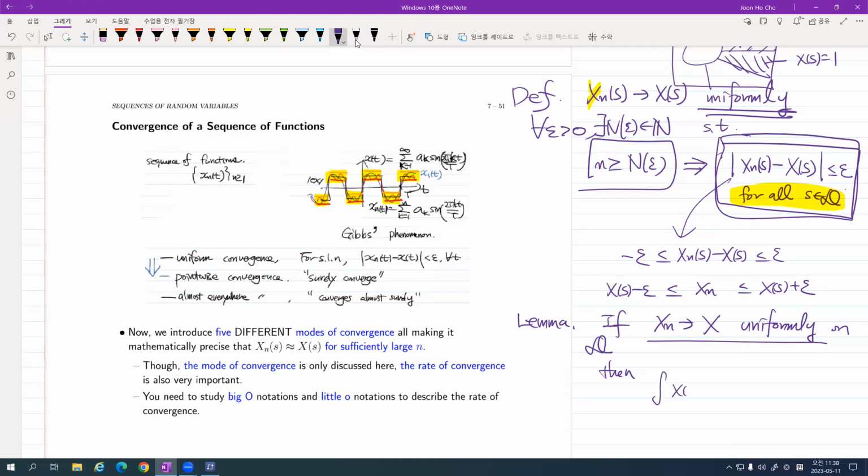For example, you integrate x on the domain, then it can be replaced by, let me see, I must be careful, something like this.